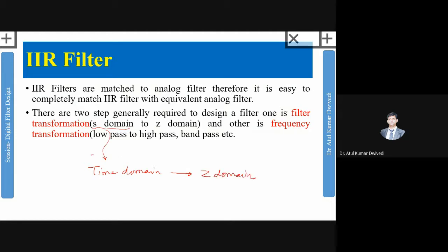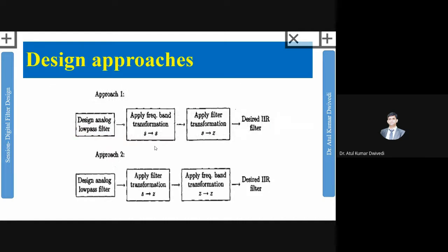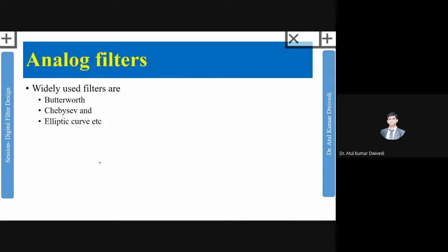So the bilinear transformation is used for designing IIR filters. There are two approaches: one is to design the IIR filter as an analog low pass filter, then apply the S to Z transformation, then again a filter transformation for the frequency band. These two ways are there in filter design.